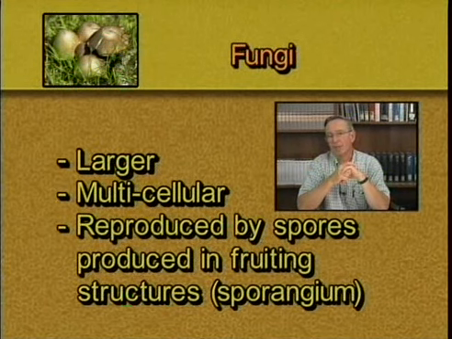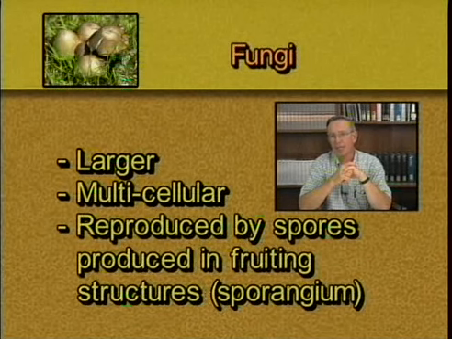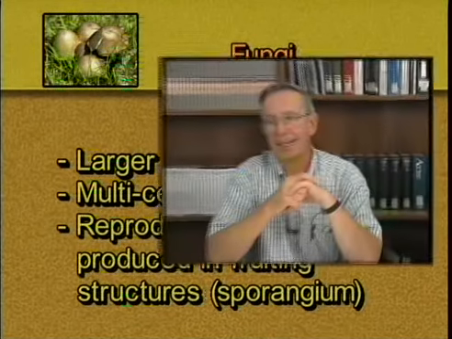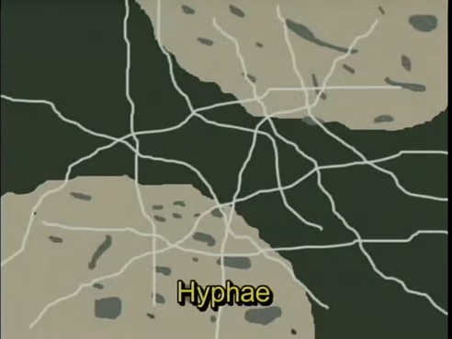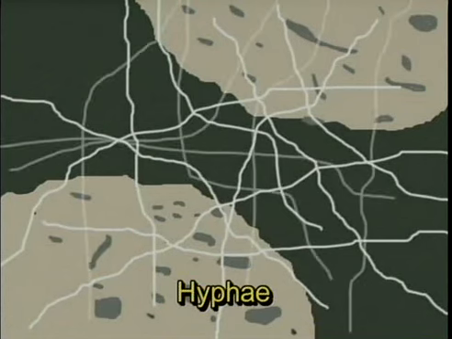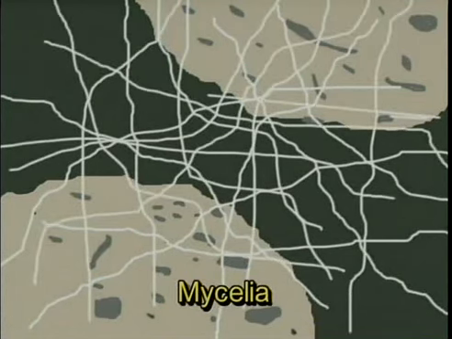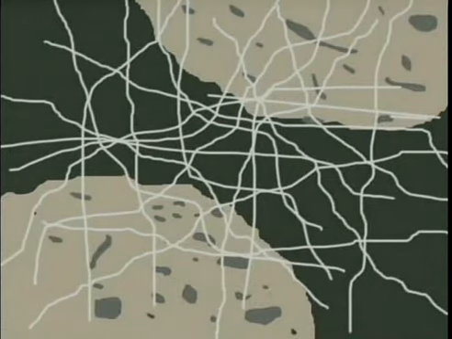So these fungi are multicellular, much larger in size, belong to several different diverse groups of fungi, which really is not important to us for the purpose of this class, but they have a body, a vegetative body, and these cells that make up this body are called hyphae. These hyphae together form a mass of tissue which is called a mycelium. So we have hyphae, vegetative cells, forming the entire vegetative body of the fungal organism, which is called a mycelium.